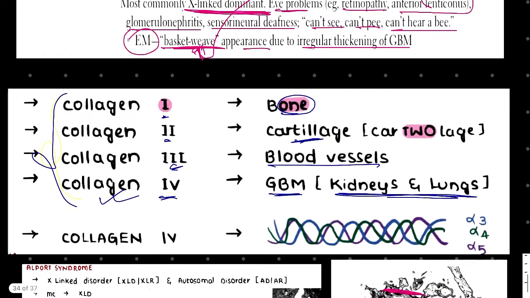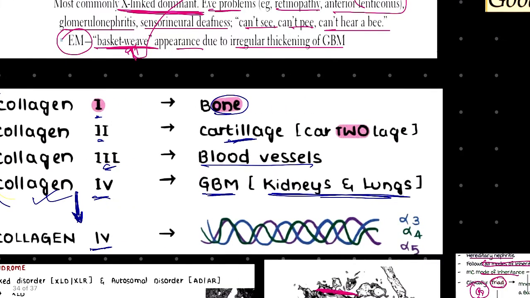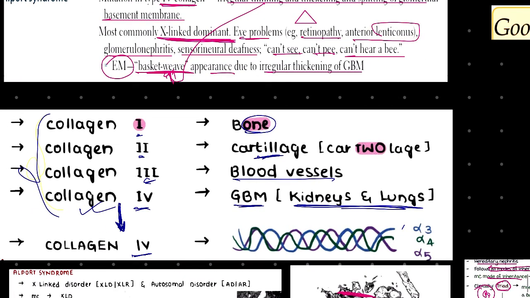Now if we move in depth about type 4 collagen, we'll find that it is made up of a triple helix of alpha 3, alpha 4 and alpha 5 components. In Goodpasture syndrome, there will be autoantibody against one of the components of the triple helix of collagen 4.